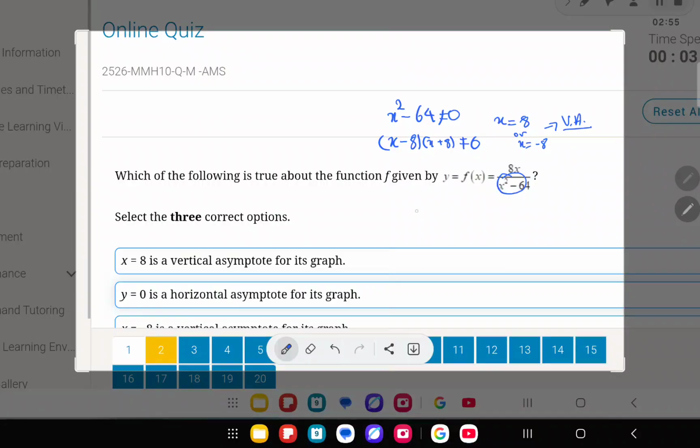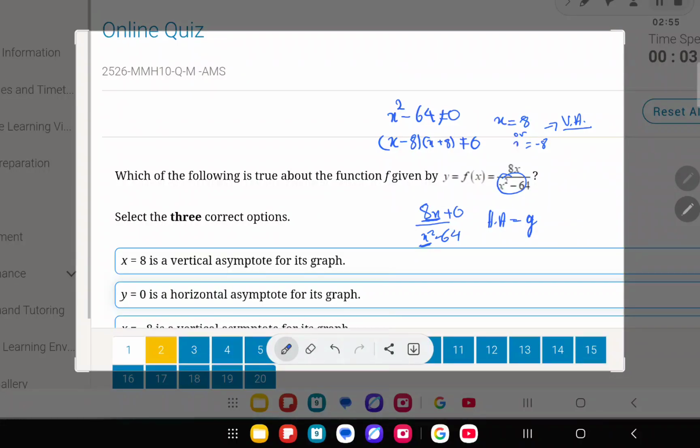And to get the horizontal asymptote, we have the numerator 8x plus 0 over x squared minus 64. The exponent in the denominator is higher by 1 than the exponent in the numerator, meaning that the horizontal asymptote will always be 0. I wrote it over here wrong. I put x equals 0.